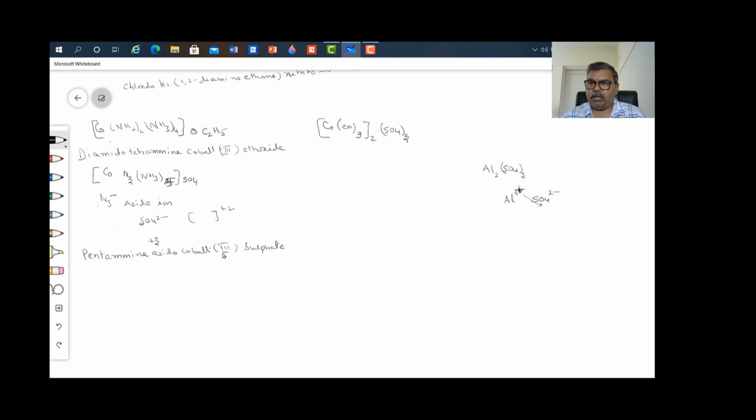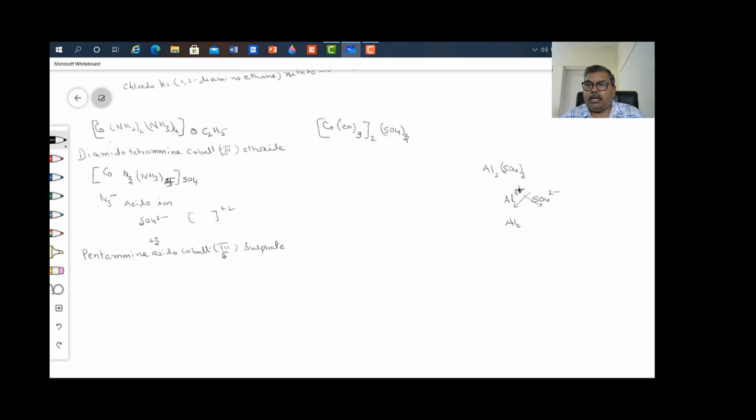While writing the formula, the number of units of positive charge and the number of units of negative charge of all cations and anions must be 0. So to neutralize the charges on cation and anion, we apply the criss-cross formula.